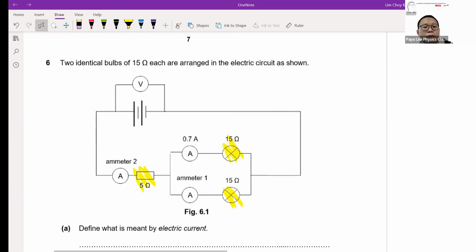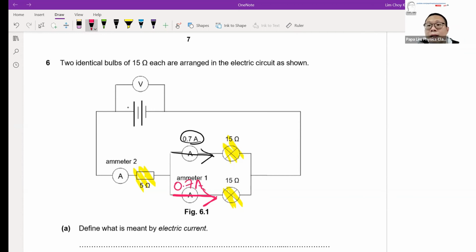Given that the current flowing in the first upper light bulb is 0.7 amp, first thing first, take note, if it's 0.7 amp at the top branch, we will be able to deduce that the current at ammeter 1 at the bottom side will be the same number. Why is it so? It's because they are two identical light bulbs.